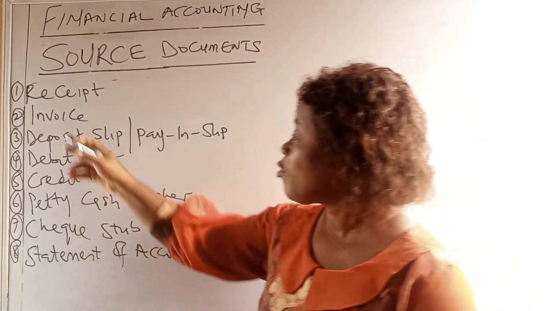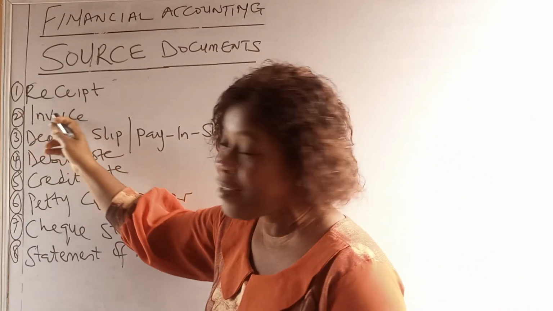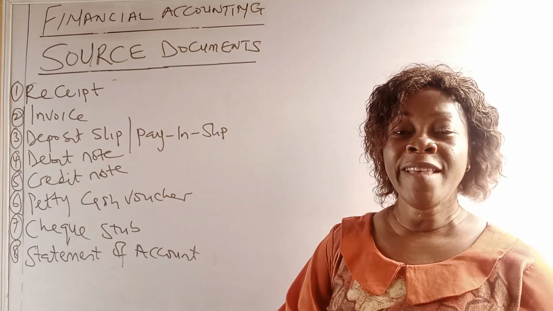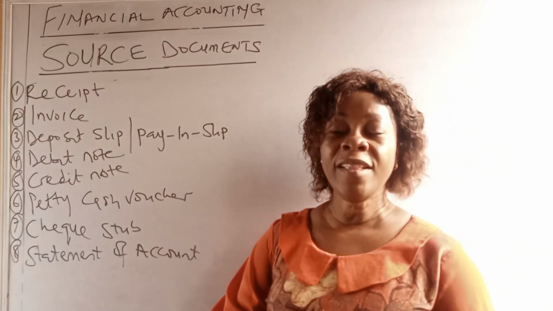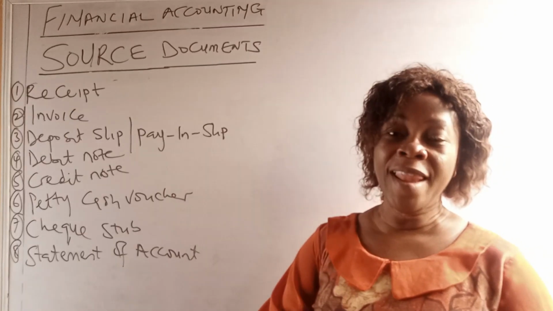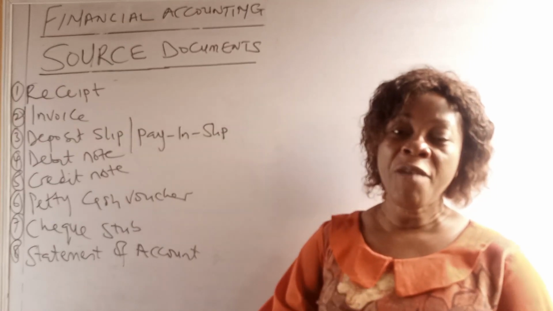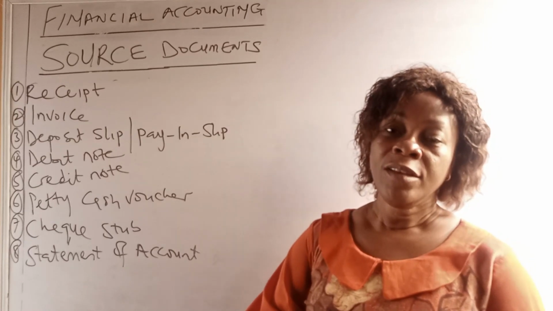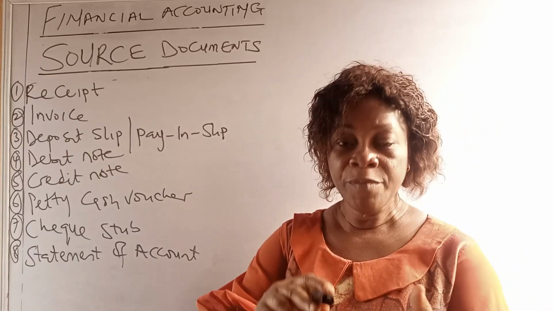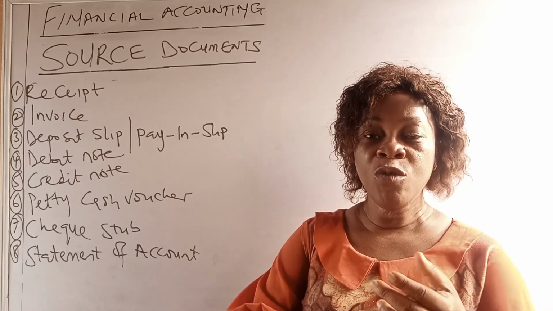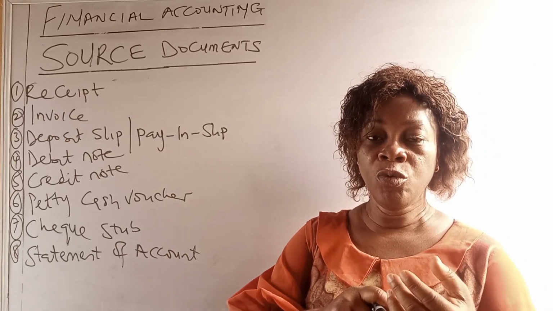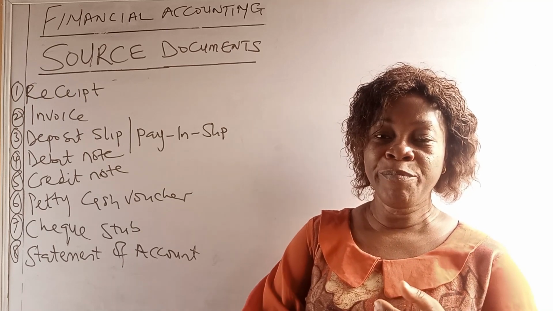An invoice is a source document issued by the seller to the buyer whenever they buy on credit. The invoice contains the quantity of the goods sold to the buyer.